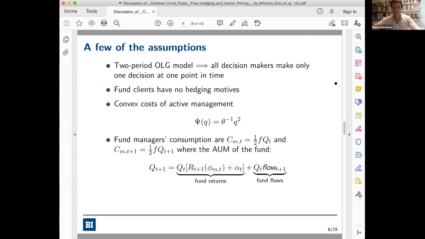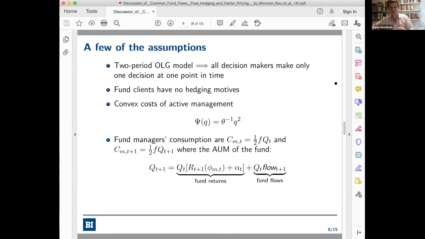And then lastly, the assumption concerns fund managers' consumption, which is over the two periods, so they make one decision for how much they should consume this period and how much they expect to consume next period.